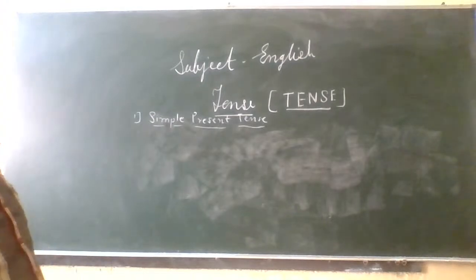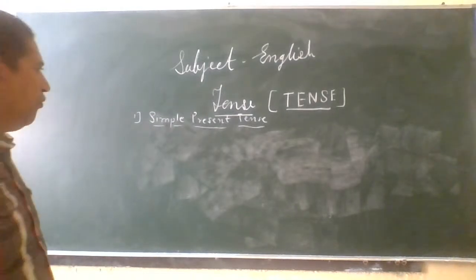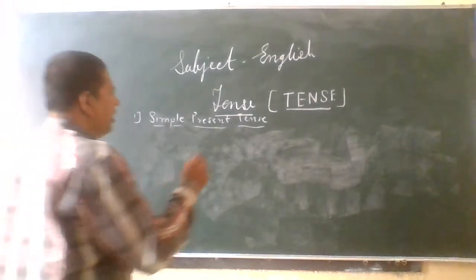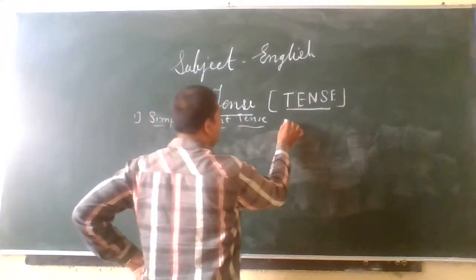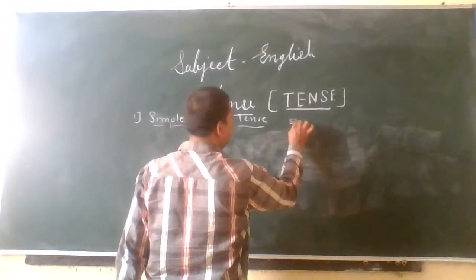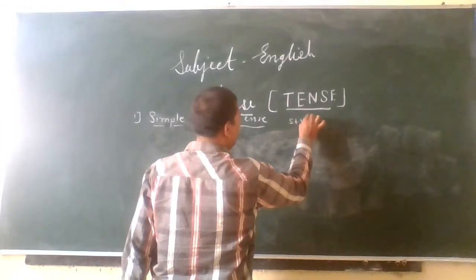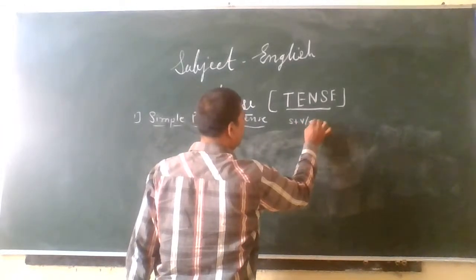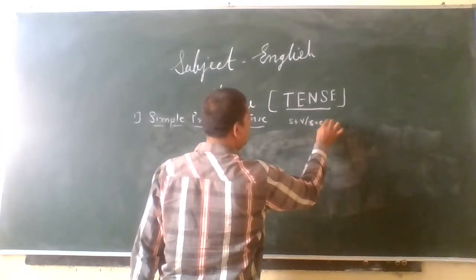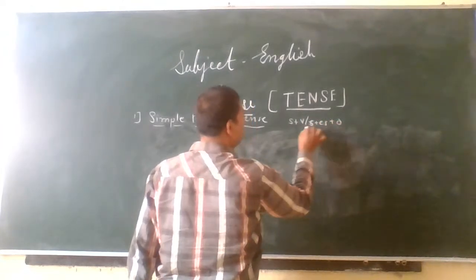How can we understand the simple present tense? It is a very simple situation where, grammatically, subject plus verb with addition of s or es, plus object.